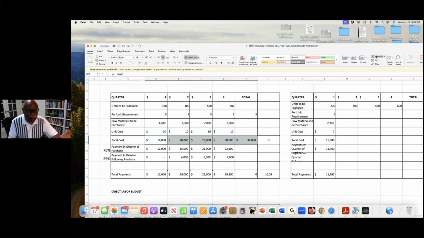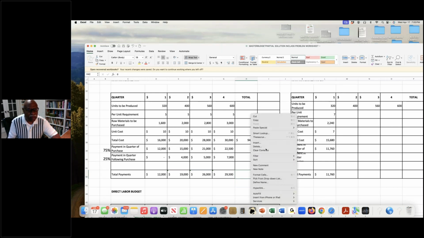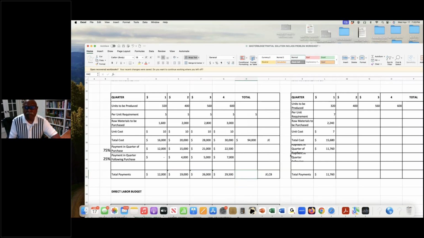What did you multiply the 25% with to get 4,000, 5,000, and 7,000?